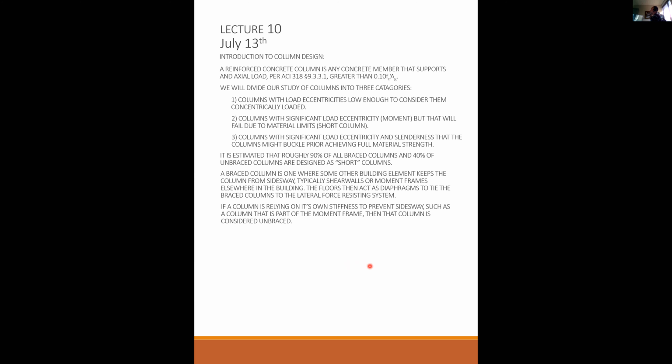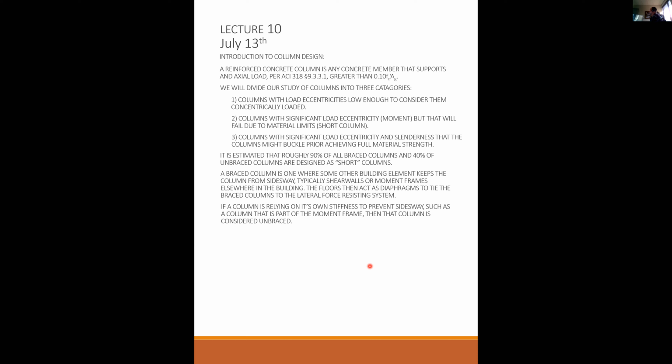If a column is relying on its own stiffness to prevent side sway, such as a column that is part of a moment frame, then that column is considered unbraced. Again, if you think of our parking garage, the smaller columns throughout the garage are just gravity supporting columns. They have no effect on the lateral force resisting system, and those are braced columns. They're braced by the concrete floors and by the moment frames.